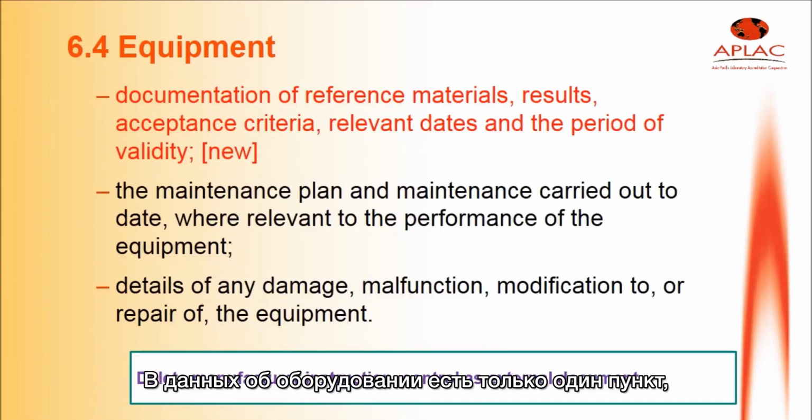In the records of equipment, only one point is deleted, that is the manufacturer instruction, because the manufacturer instruction doesn't belong to the records. It is a kind of document, so it should be controlled according to the documentation requirements. So this is deleted from this section.